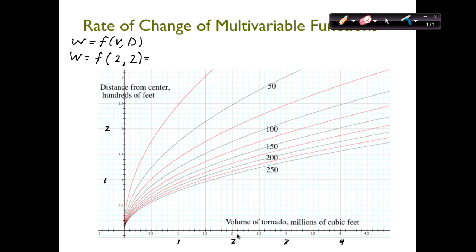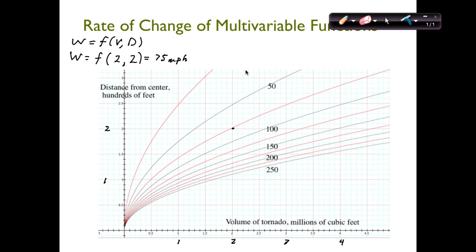So you look at 2 and 2, and that puts you here in the XY plane. The contour lines are telling you z values, so if you stay on a contour line, you're staying at a constant z value. These contour lines are every 25. If the black ones are labeled on the 50s, then the red ones would be the 25s in between. So we'd be at this point right here, approximately 75 miles per hour.